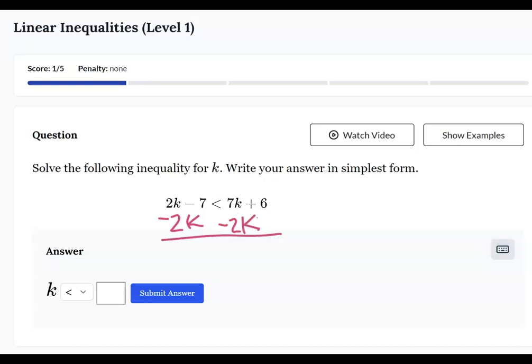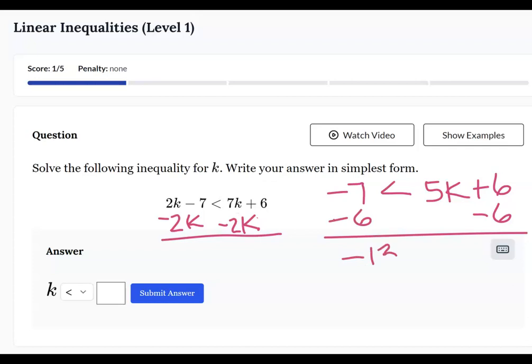So if I was to subtract 2k, I would get negative 7 is less than 5k plus 6. My next math move would be to subtract 6 from both sides. And then my final math move would be to divide by 5.